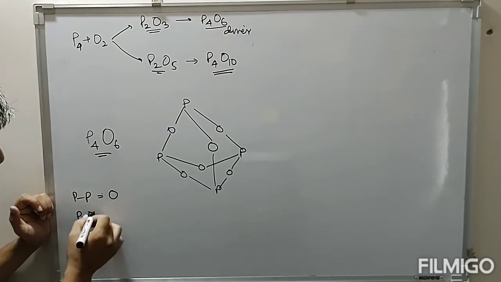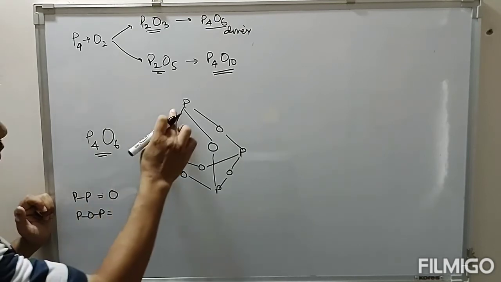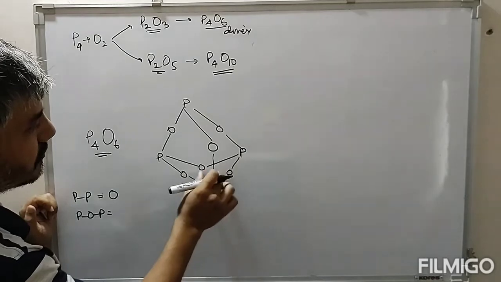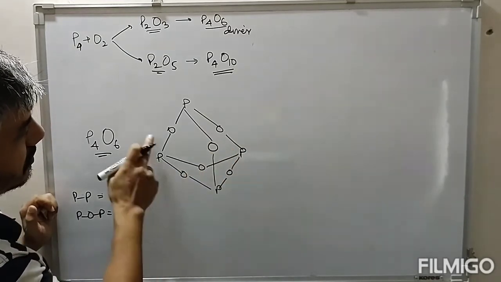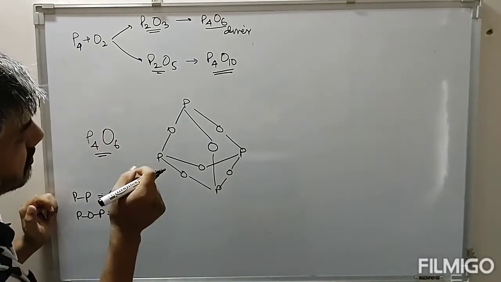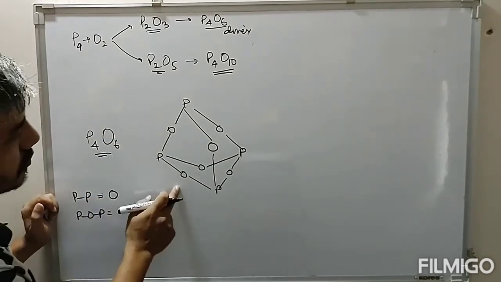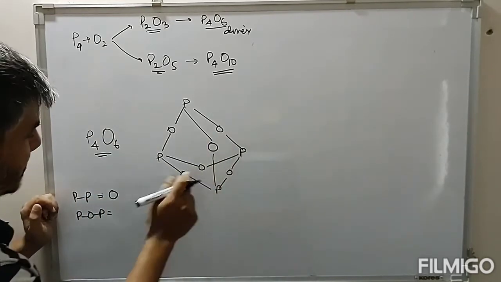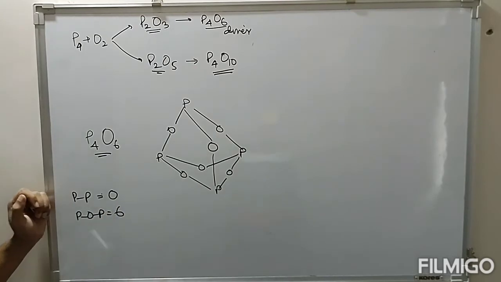We have P-O-P bonds: 1, 2, 3, 4, 5, 6. Six P-O-P bonds.